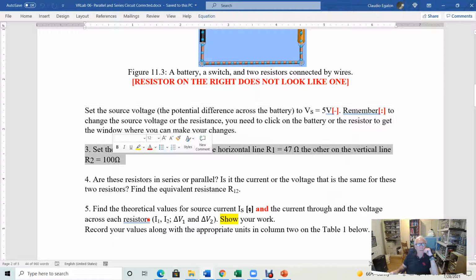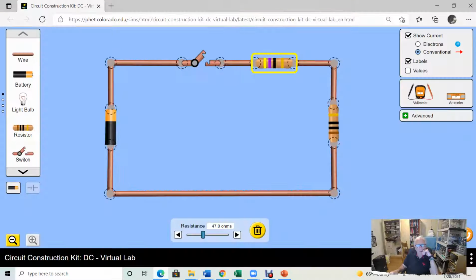The other one you want to put at 100 ohms. There is some limitation on how high the resistance can go in this simulation, okay? Let's see, 100. Here you go.